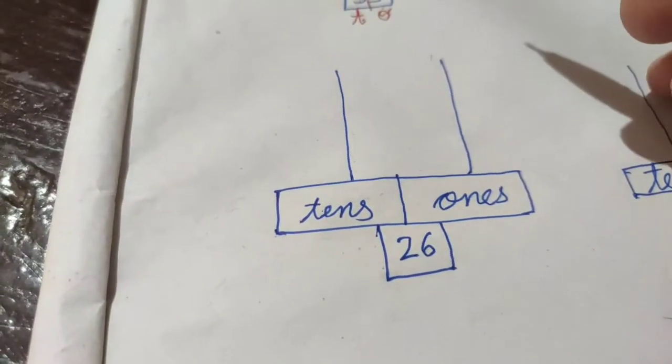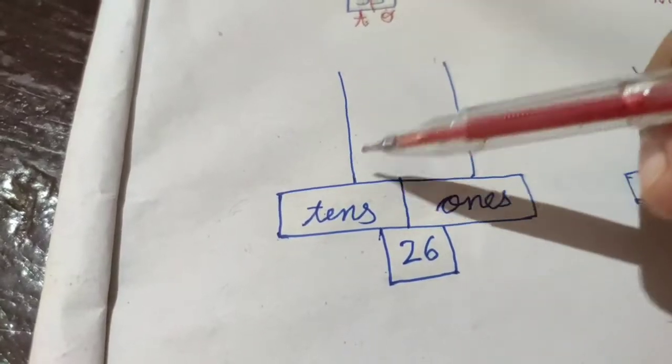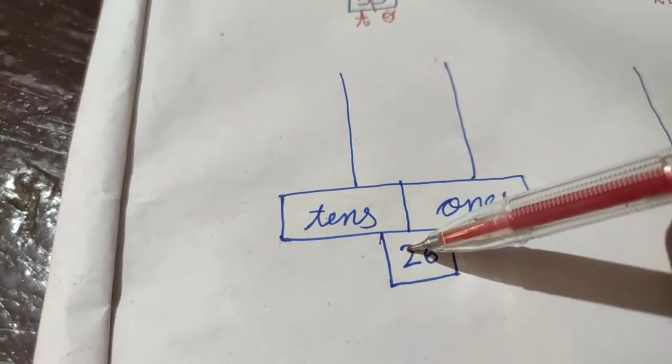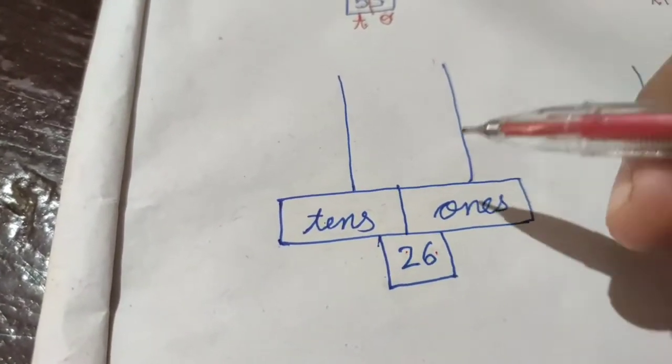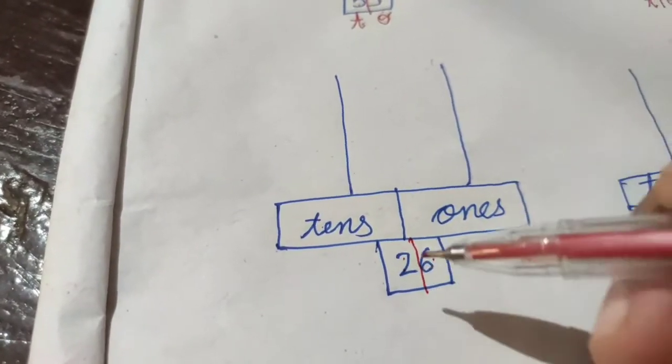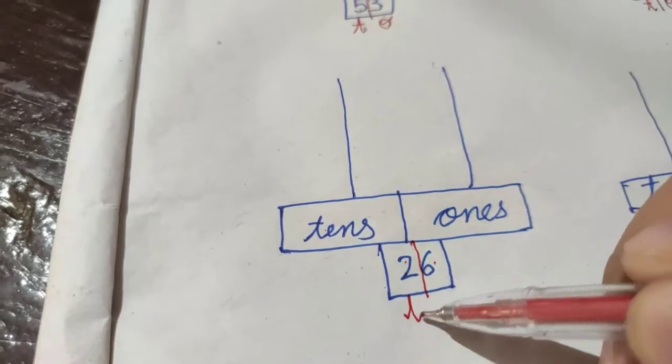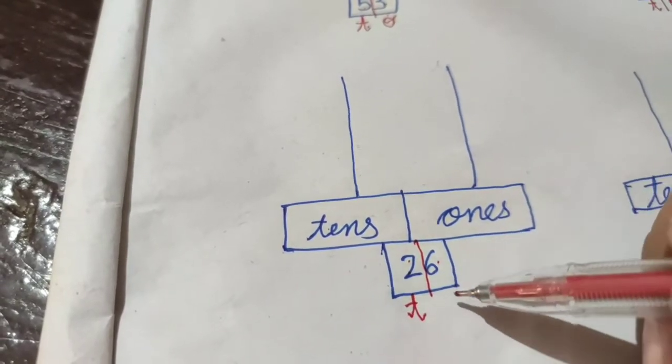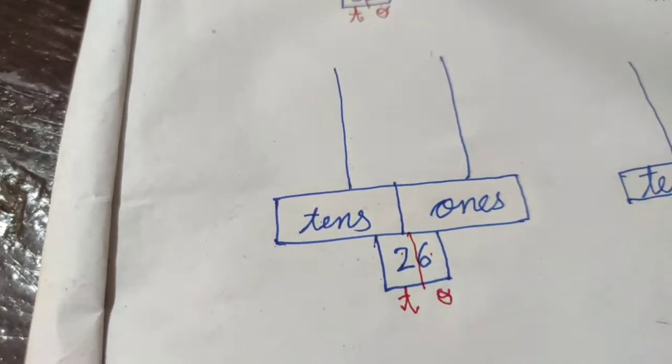Now here, tens rod and ones rod. Number 26. First we part it. First digit is 2, so the first one is tens, and the second digit is 6, so 6 is ones.